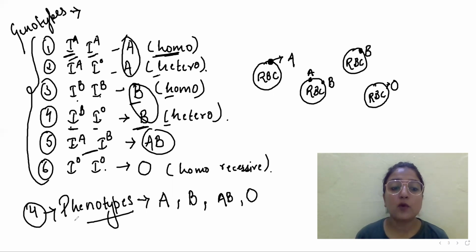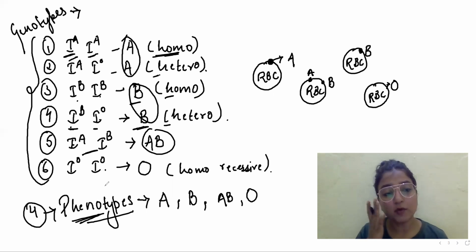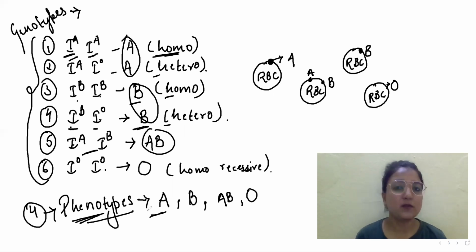Now, the possible phenotypes in blood group, because physical appearance cannot be used here, are four: A, B, AB, and O. And there are six genotypes, which I have already discussed.